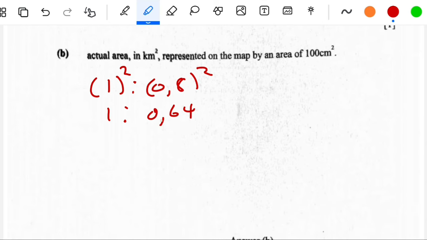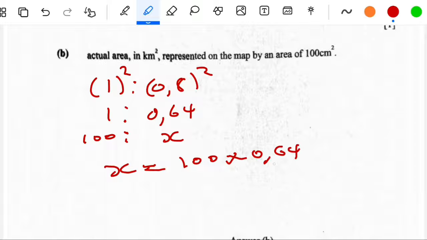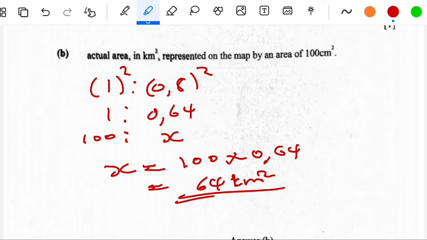Then I'm told that 100 is equal to x, which is what I'm looking for. So my x equals 100 times 0.64, which is going to give me 64 square kilometers. So this is my answer there.